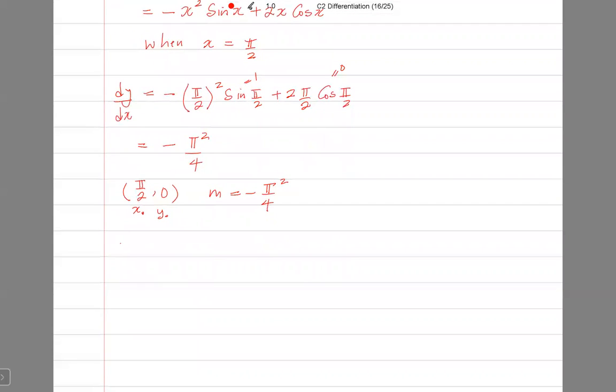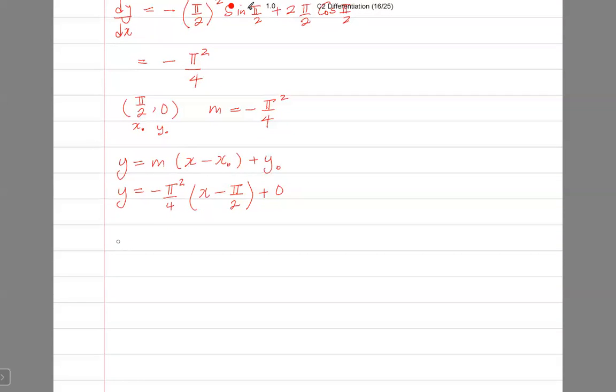My formula is y is equal to m into x minus x naught plus y naught. Let's put this in. y is equal to minus pi squared over 4, x minus x naught, which is pi over 2, plus y naught, which is 0.